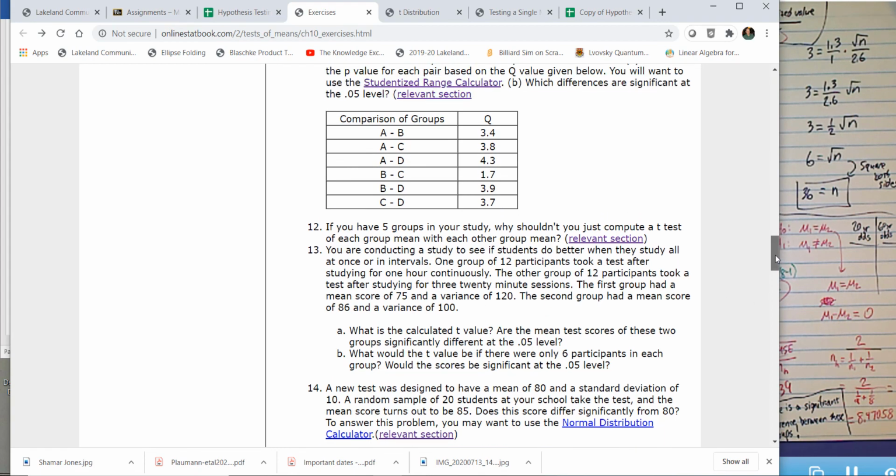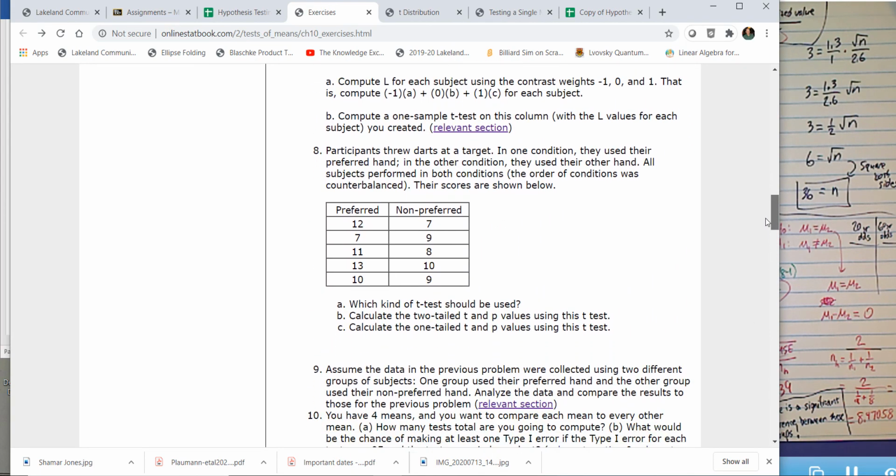If you're looking for another one that's kind of like that, I'll draw your attention to problems 8 and 9. In problem 8, people are throwing darts at a target. These would be correlated pairs, right? I mean, someone that's very good at darts might be able to do it either-handed. Someone that's not very good at darts might not be able to do it at all.